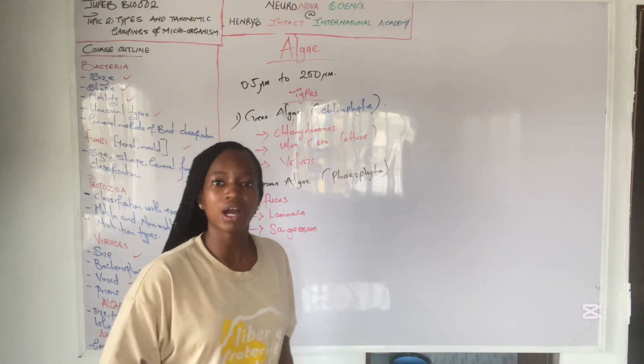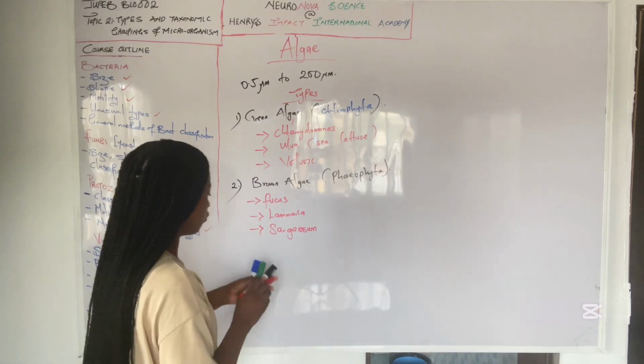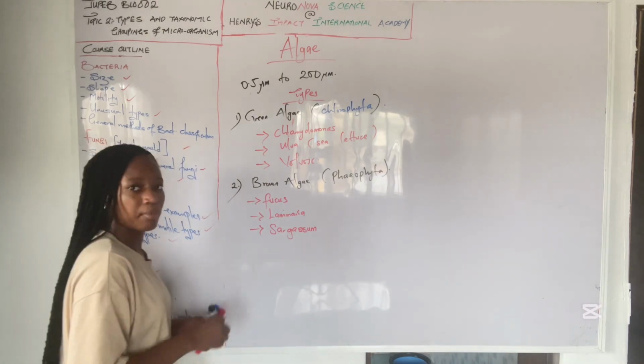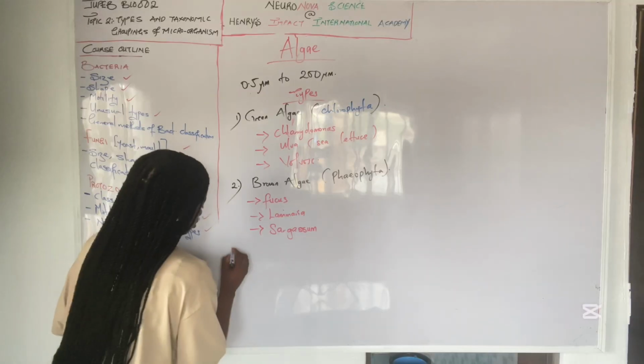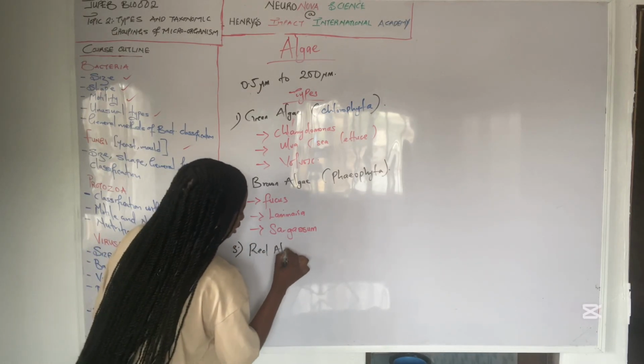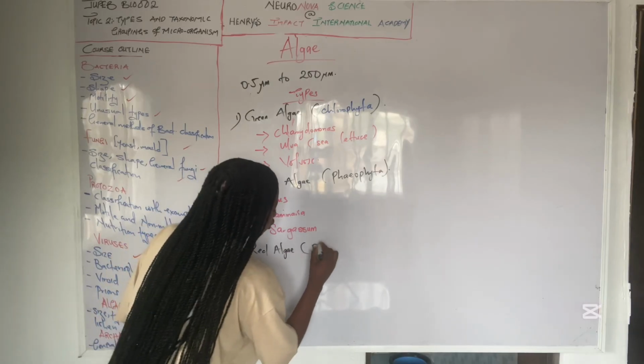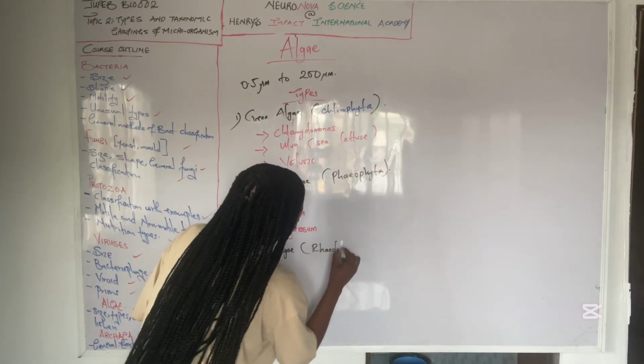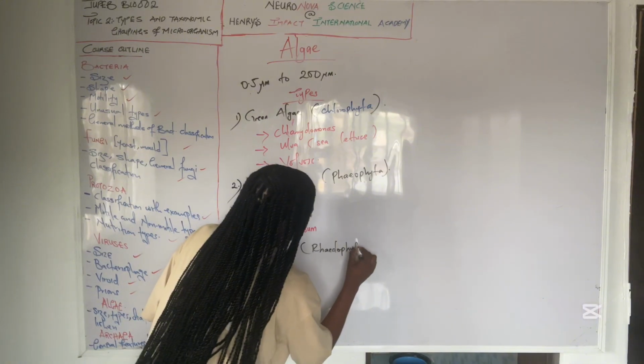Then the other type of algae we'll be talking about is your red algae. They call them rhodophyta.